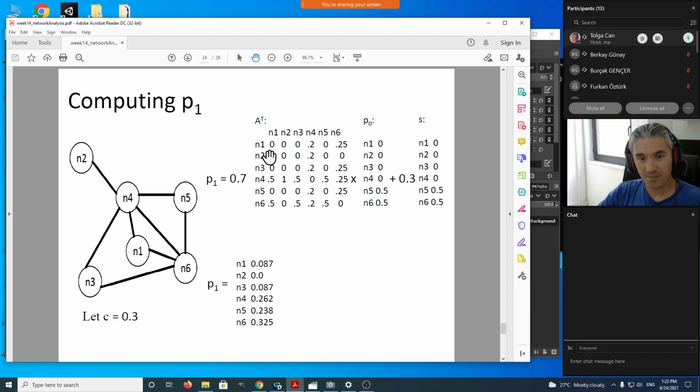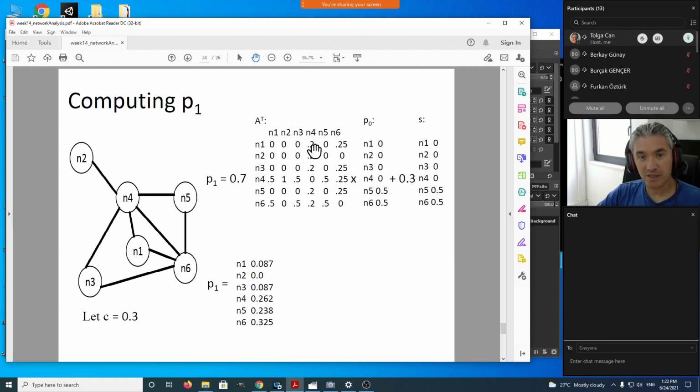Since we're going to be multiplying this with this for N1, I want to figure out which nodes I'm coming to N1 from, and therefore it should include the first column. The first row here should show the first column of the original adjacency matrix. That's why it's the transpose. So for example, you arrive with 0.2 probability to N1 from N4, right? N4 had a connection with 0.2 probability.